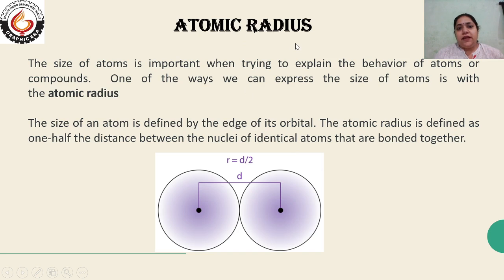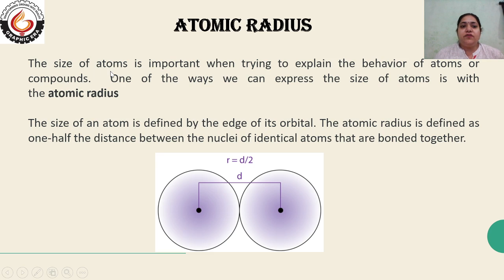Then the next property is atomic radius, and periodic trends in atomic radius. So what is the atomic radius? First we will discuss the atomic radius.